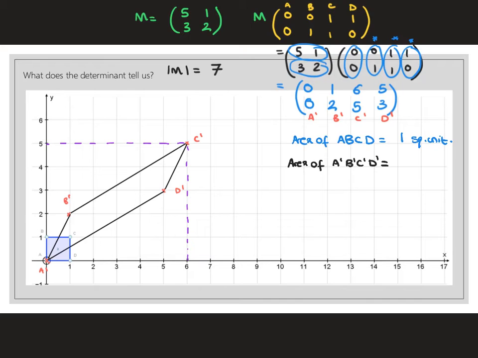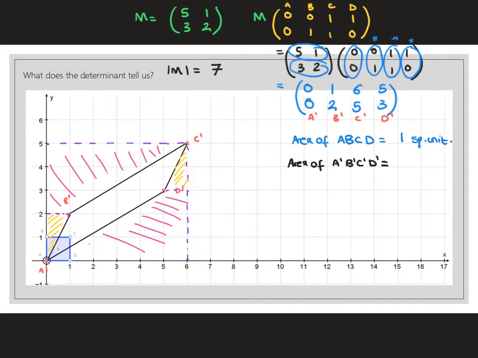So if I split off here and if I split off here, then we can see we have a pair of identical trapezia and a pair of identical right-angled triangles. Can you see them? There's a right-angled triangle here and a right-angled triangle here, and then there's a trapezium here and an identical trapezium here.